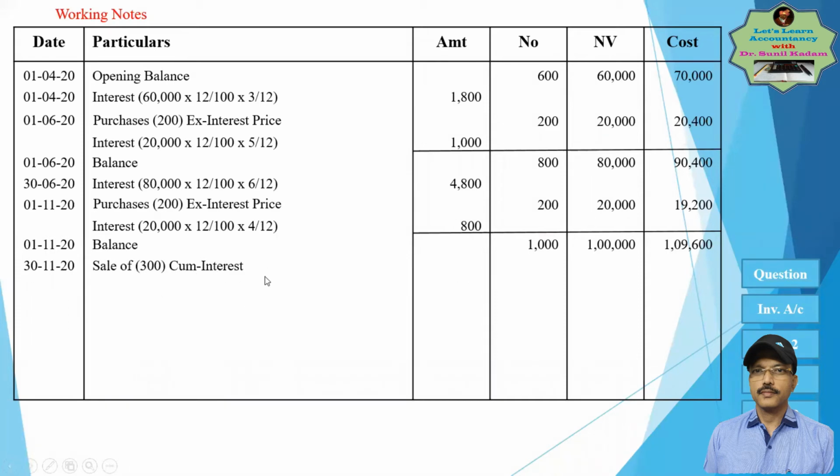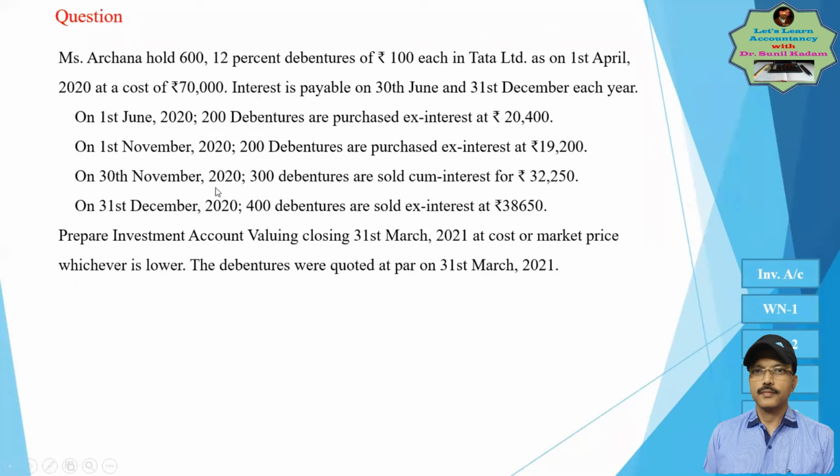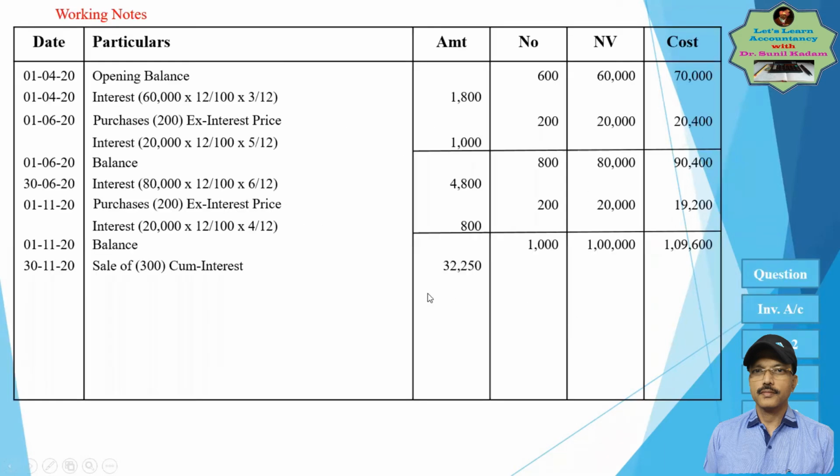Therefore, the amount of 300 is given as the sales price, which is 32,250. That includes the interest because it's cum-interest. So let us calculate the interest. Interest is on 30,000 because 300 units into 100 is 30,000, at 12% for 5 months. Why 5 months?